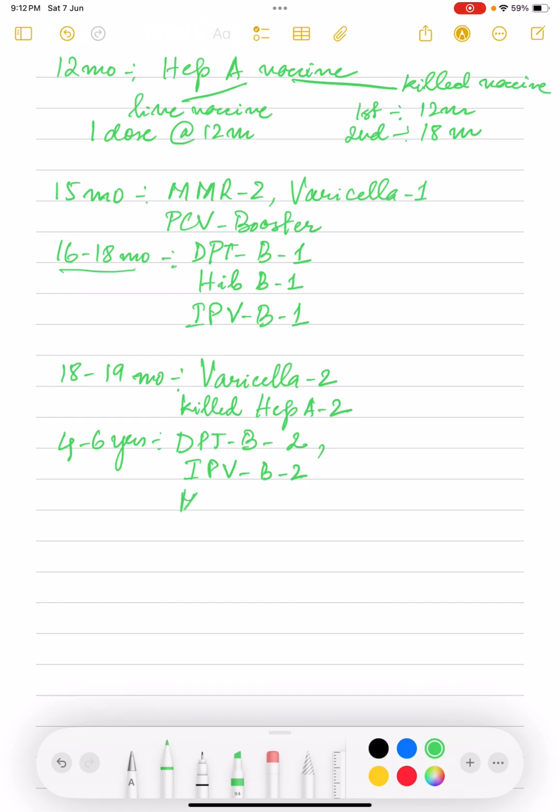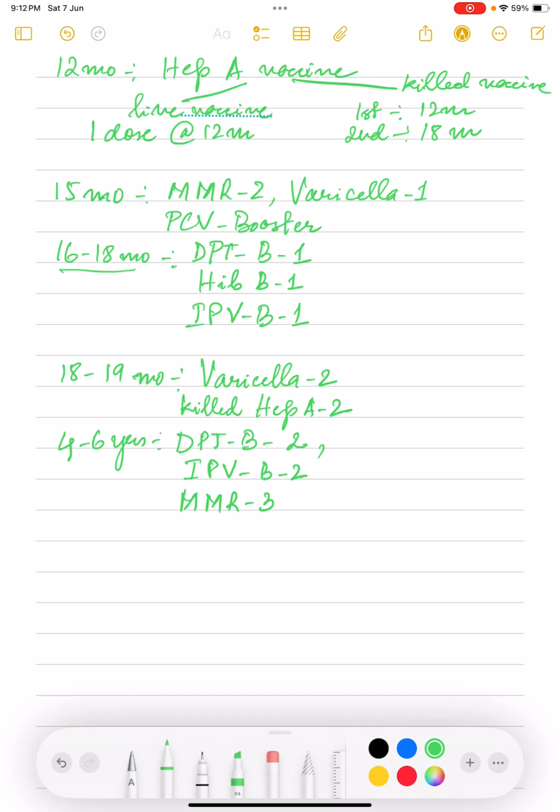Now in NIS we had OPV 1, 2, 3 along with the birth dose, and we gave an OPV booster at 16 to 24 months. There was no booster after that. But in IAP we have IPV 1, 2 and 3. Then we have a booster at 16 to 18 months, and in 4 to 6 years we have the second IPV booster.